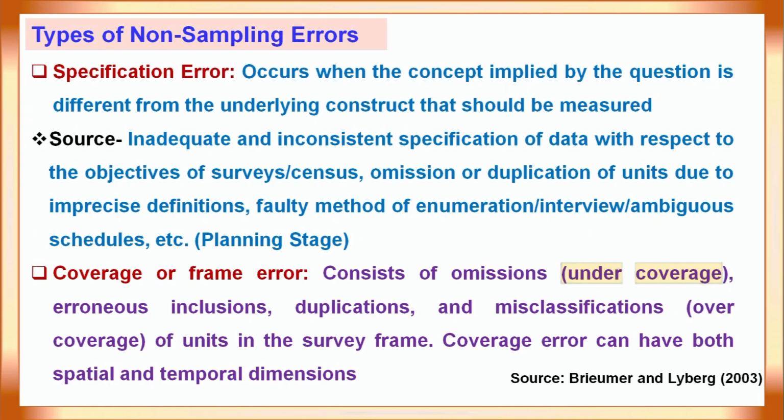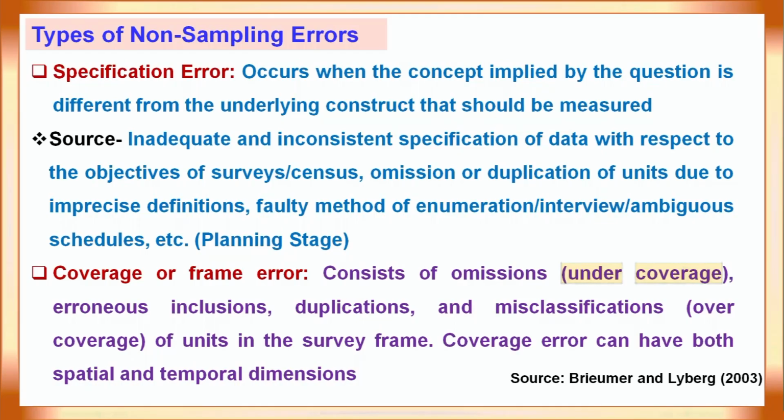Okay. Now, like the sampling error, non-sampling error may be of a number of broad types. The first type of the non-sampling error is the specification error. What is specification error? It occurs when the concept implied by the question is different from the underlying construct that should be measured. Okay.